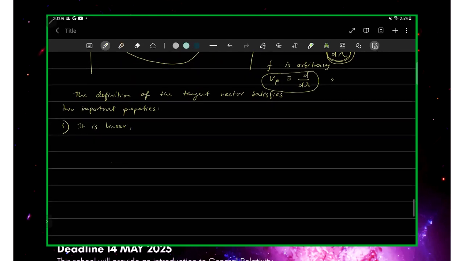And what this means is that if you have the tangent vector VP acting on a combination of objects as such, where f and g are functions, but a and b are just real numbers, then it will act linearly on the functions.